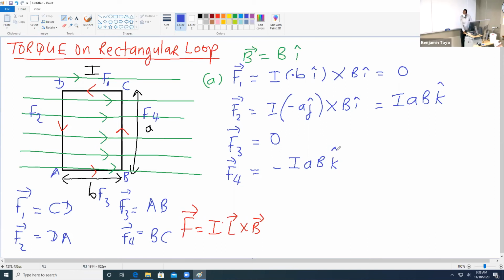Now this is the key point here. Let me draw this. F2, it means that the force here is a dot. So the force between point D and point A is a dot. The force between point B to point C is a cross. Does that make sense? It is coming out of the board, in the K hat direction.